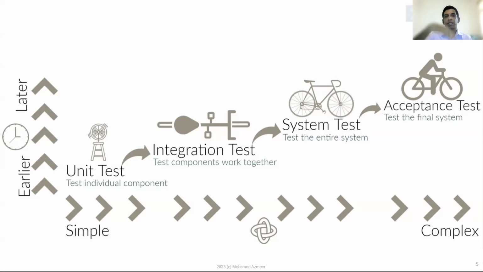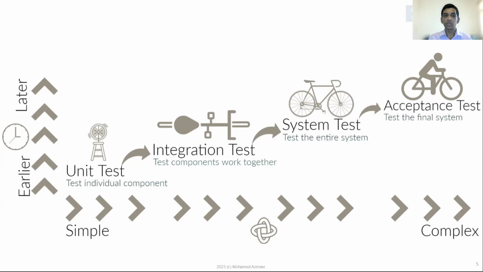Later is what is on the top. So in this chart, acceptance testing comes at the end of the project. Also on the horizontal line, on the left we have simple, and on the right we have complex. So that means unit testing is simple, and you can do this earlier when you start the project, right?